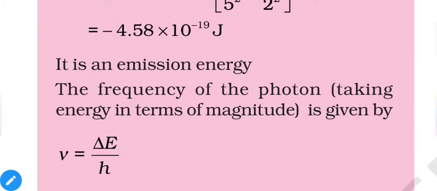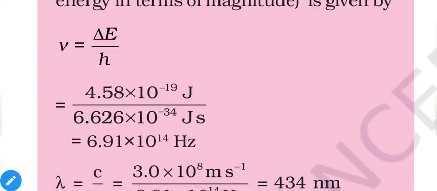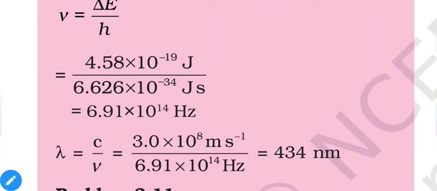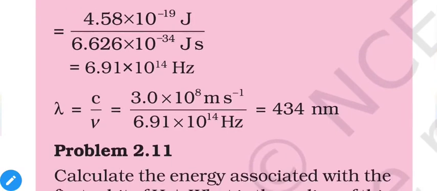So delta E we already derived here, minus 4.58 times 10 raised to minus 19, divided by the Planck constant. So the frequency of the electromagnetic radiation for this transition will be 6.91 times 10 raised to 14, and lambda for this will be c upon nu, which will be 434 nanometers.